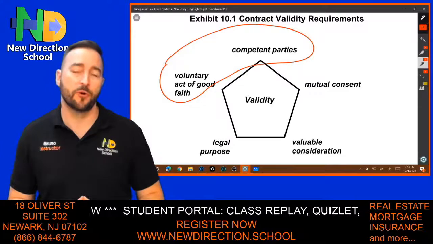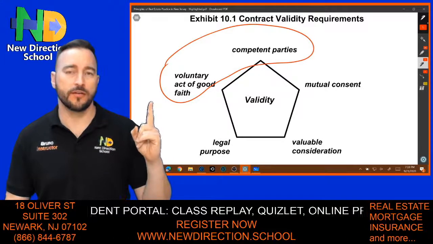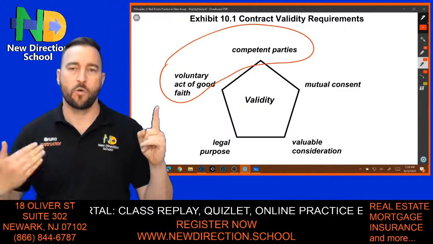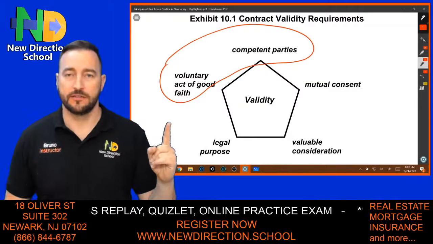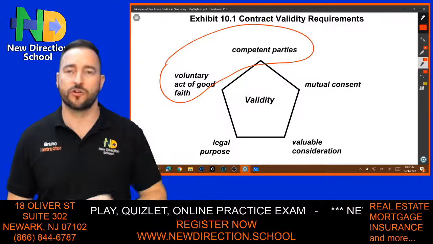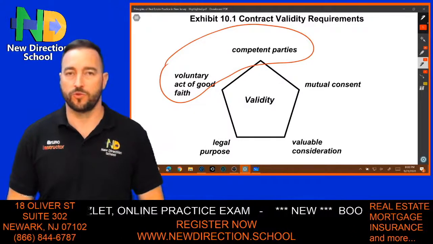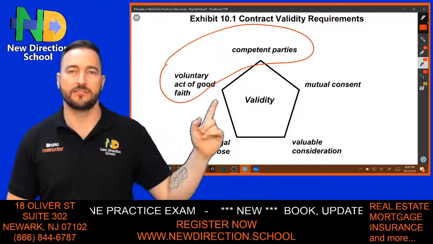Sound mind is very important because what you're doing is out of your own voluntary will. You want to enter into this contract, right? If you're under 18, you might not understand the terms of the contract. So they don't consider you doing something out of goodwill or good faith or understanding. So competent parties and voluntary, they go together.